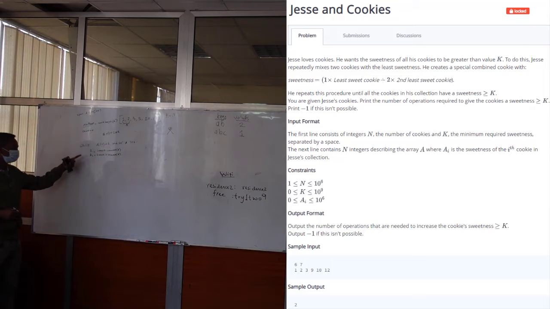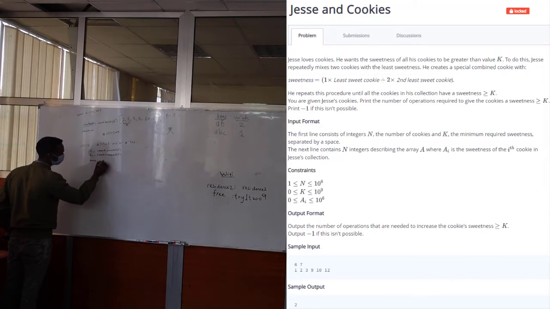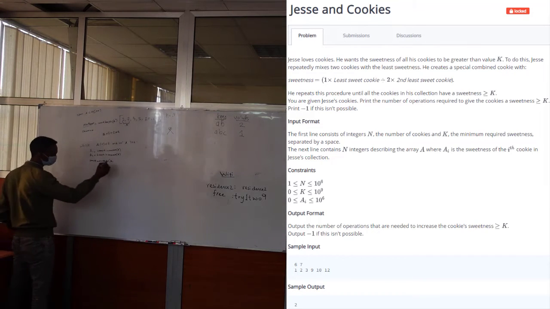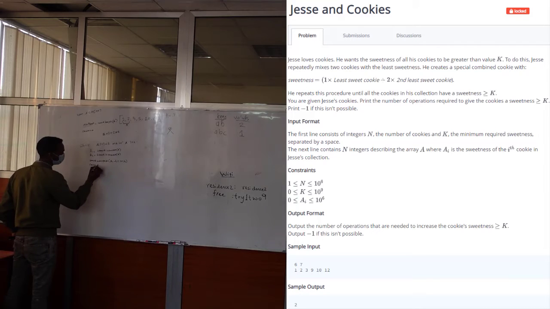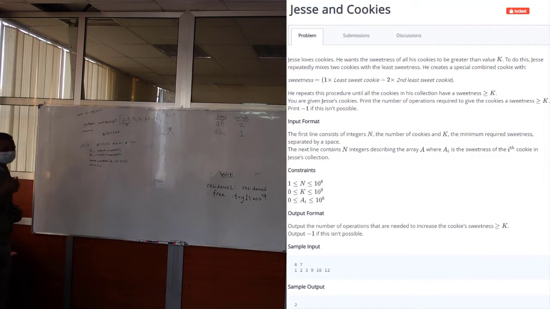Now, what we have to do is multiply the first by 1 and the second by 2, and we add back to the list again. And this gives us the count, and we might not have achieved our condition, so we have to check at the end.